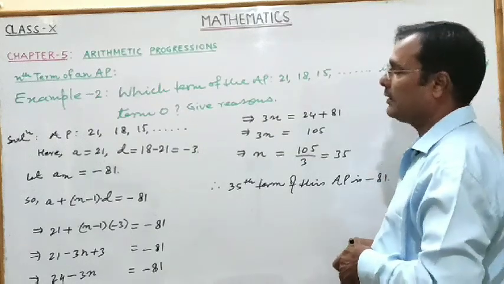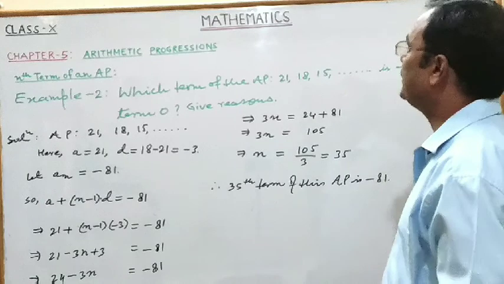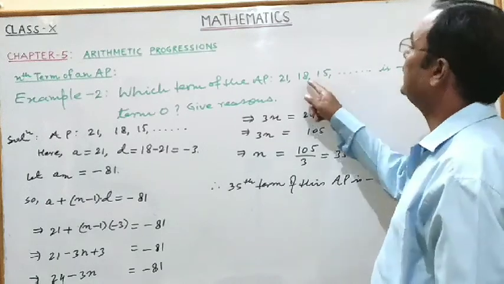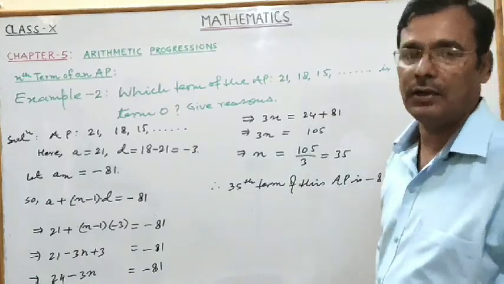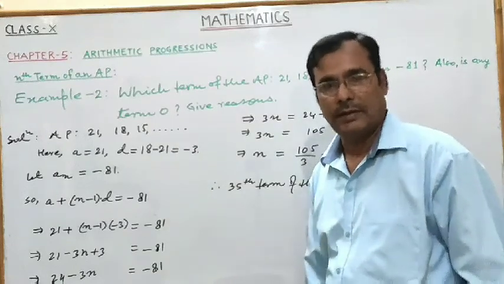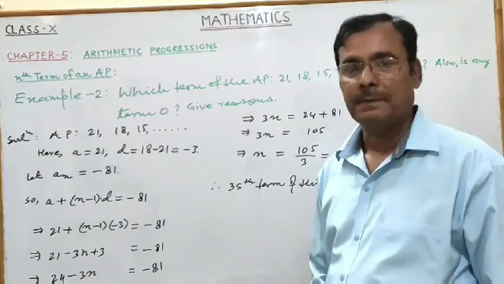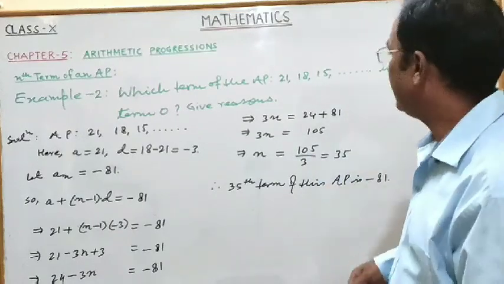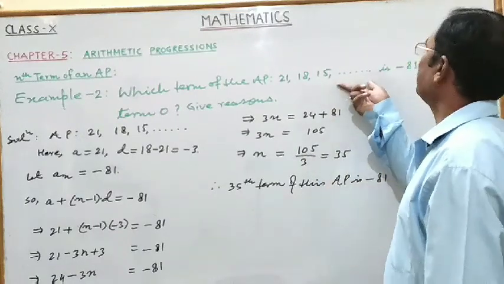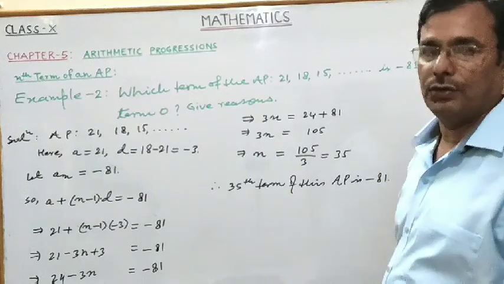Now we have to check whether 0 is a term in this arithmetic progression or not. That means we have to find such a value of n for which the nth term of this arithmetic progression is 0.